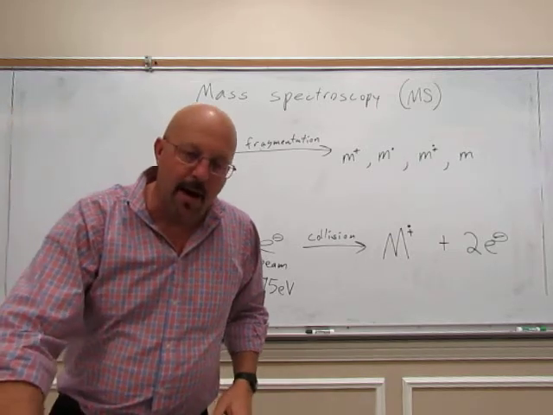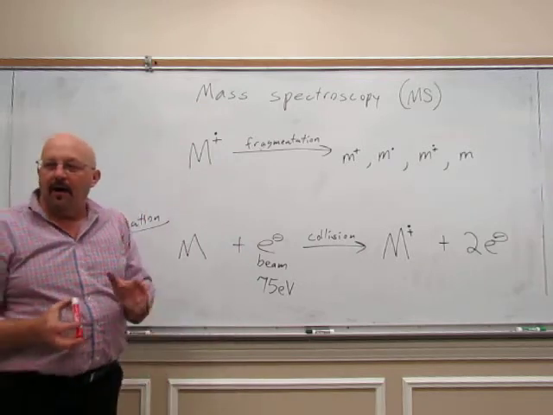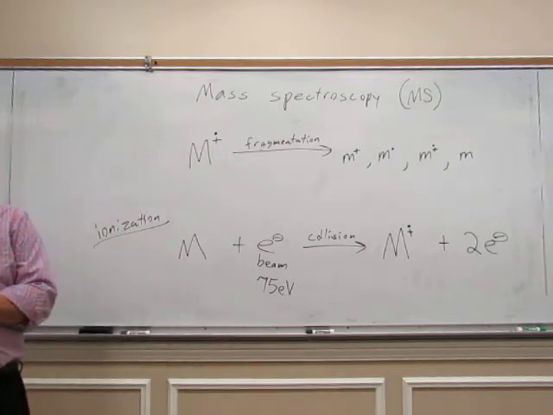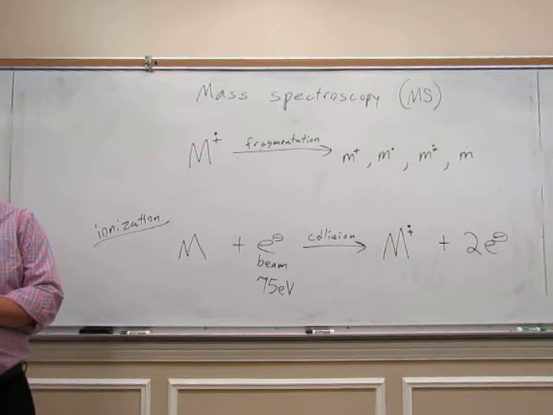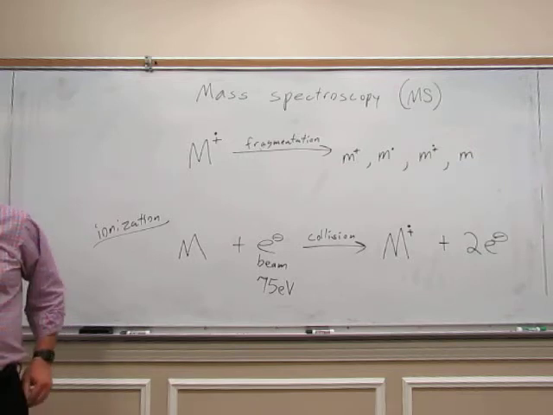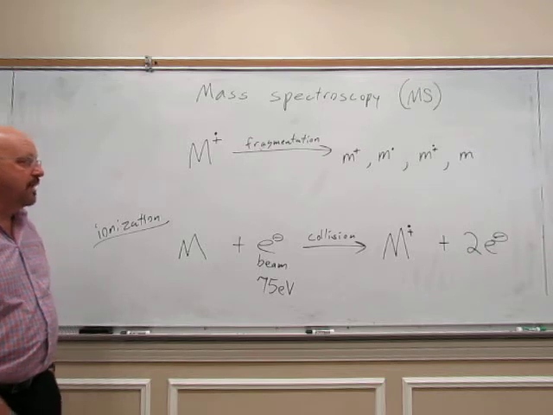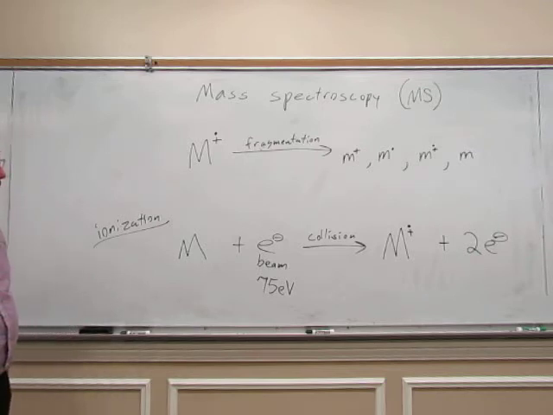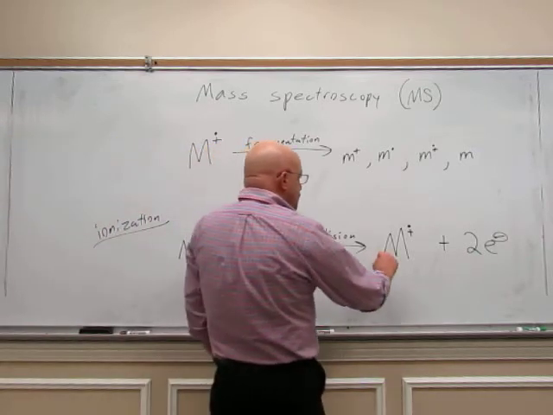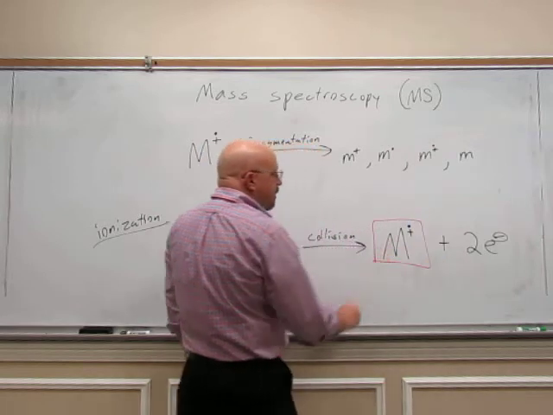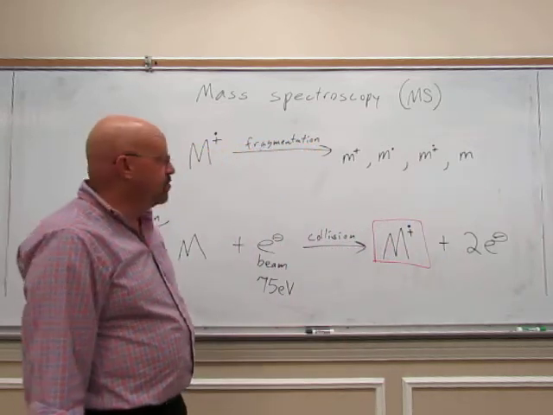Now, in our mass spectrometer, we have a detector that will pick up some of these pieces and identify them based on their mass, but the detector only identifies cations. It must be a cation. So the detector can identify our original radical cation, because it has a plus charge on it.